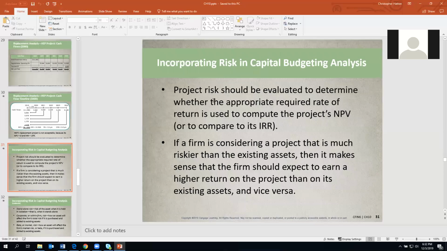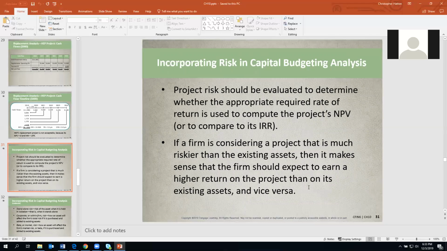Incorporating risk and capital budgeting analysis. Project risk should be evaluated to determine whether an appropriate required rate of return is used to compute the project net present value or compare it to IRR. And so that's saying the more risk, the higher the rate. If a firm is considering a project that is much riskier than the existing assets, then it makes sense for the firm to expect to earn a higher return on the project than on its existing assets.